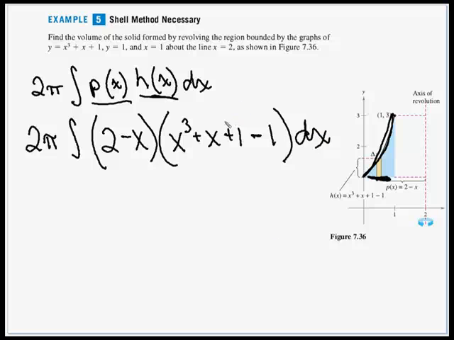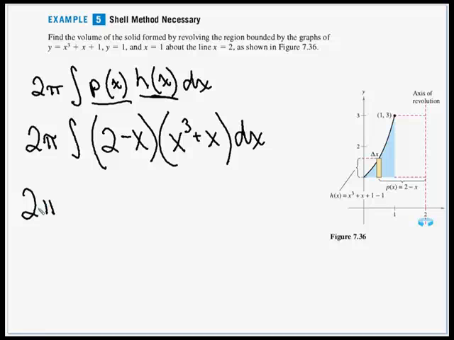So we can simplify this a little bit. The plus 1 minus 1 right here are going to cancel each other out. And we have 2 binomials that we are going to have to FOIL out, so time for a little algebra. 2 pi, and our upper and lower limits, we are integrating along the x-axis, so our lower limit will be 0, our upper limit will be 1.